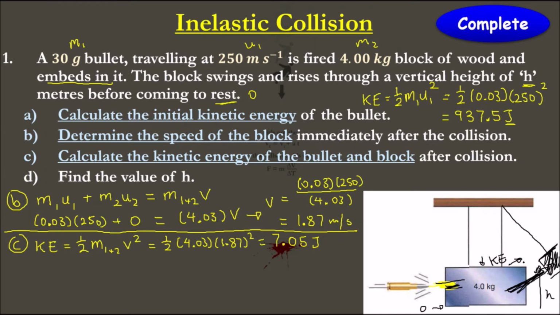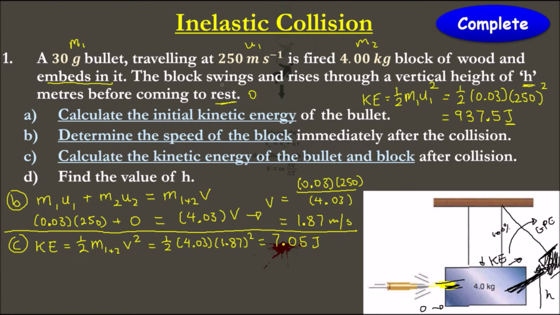So that means what we have here is a transformation. We're getting a transformation of kinetic energy into gravitational potential energy to take it to the very peak height. Or at least we're assuming that's what the question's asking us here. So we're expecting a 100% transformation. How do we know it's a 100% transformation?